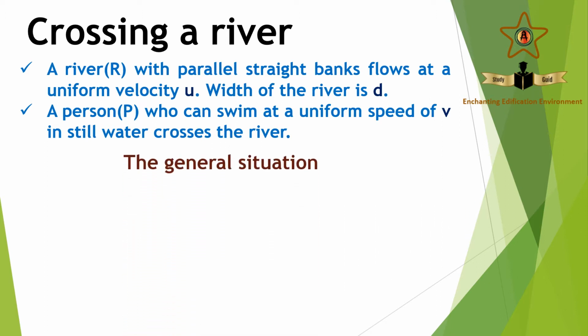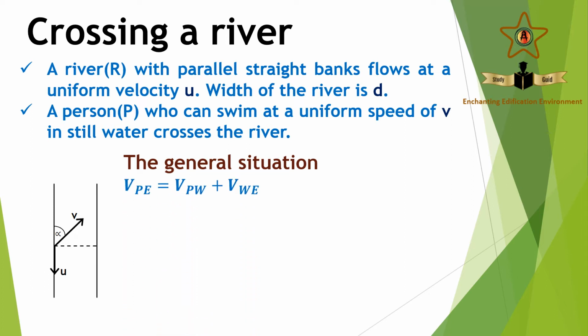Now the general situation. In this diagram, the river flows from top to bottom. The person crosses the river with velocity v at an angle alpha to the river bank, in the opposite direction of the flow of the river.